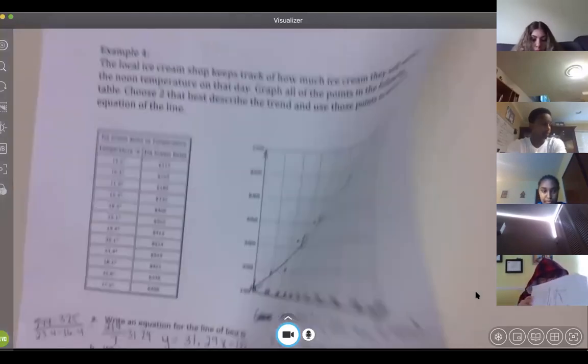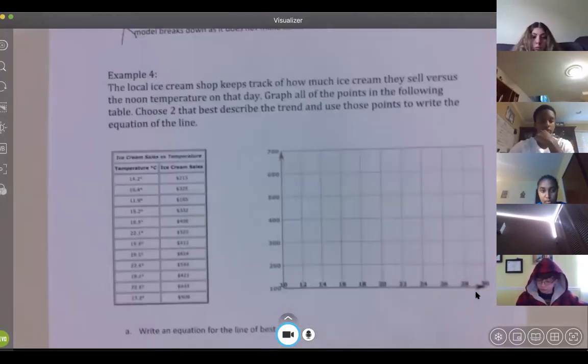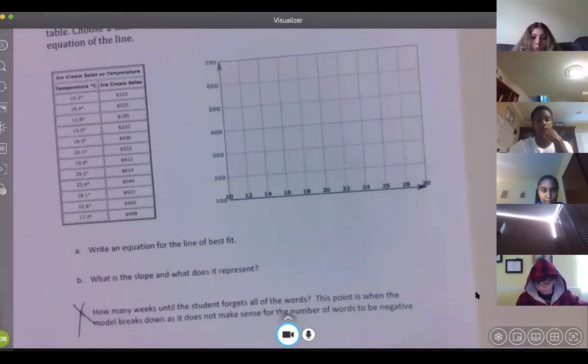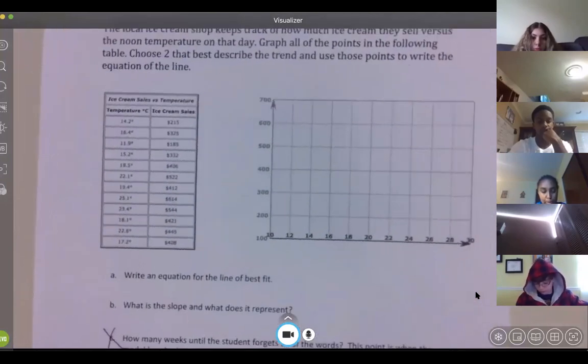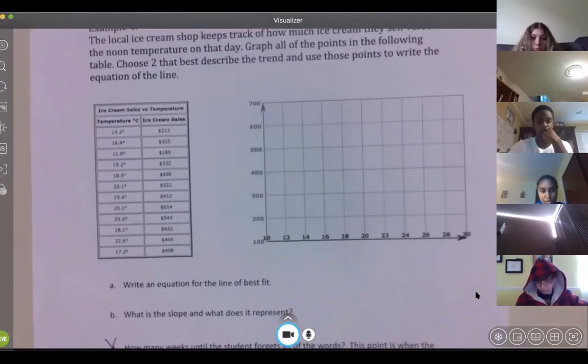The one problem is that I did not save your groups, so I need y'all to do me a favor before I put you back into the breakout group. I need one person from each group to just put in the chat who else was in your group so that I can create the same groups as yesterday.